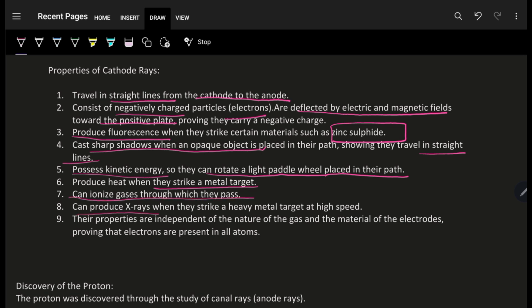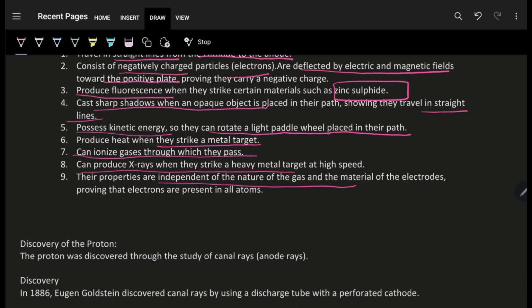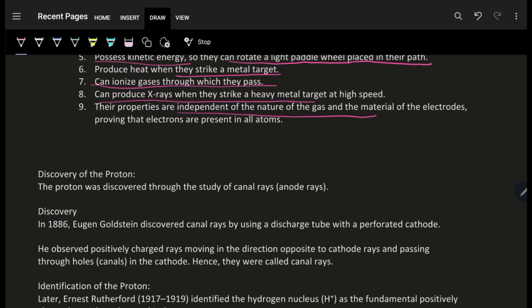They produce X-rays when they strike a heavy metal target at high speed, and their properties are independent of the nature of the gas. That's why in the very beginning I said it does not depend on the nature of the gas. Any gas can be taken over there, provided you maintain high voltage power supply and it is attached to a vacuum pump.